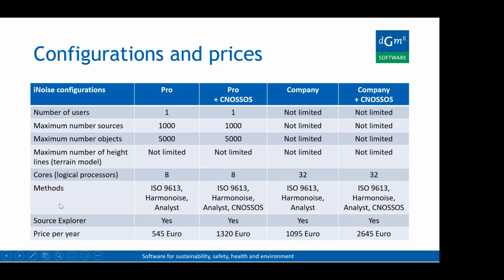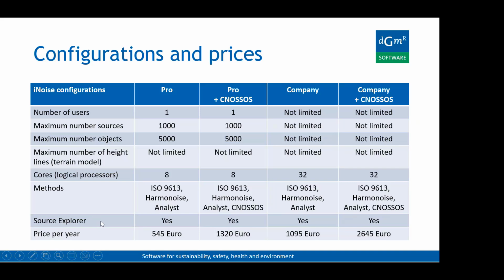Then the methods included in Pro are ISO, Harmonize, and Analyst, and of course in Pro plus CNOSSOS, the CNOSSOS method is added. Similarly for the Company license, also ISO, Harmonize, and Analyst, and Company plus CNOSSOS, of course, adds the CNOSSOS method. Source Explorer software is included in all configurations.